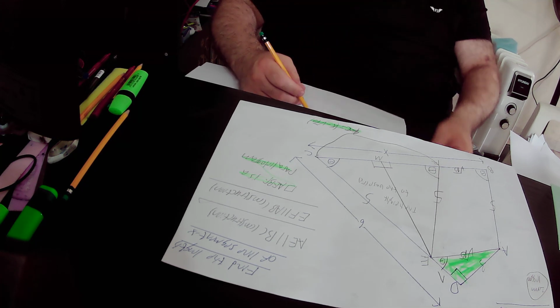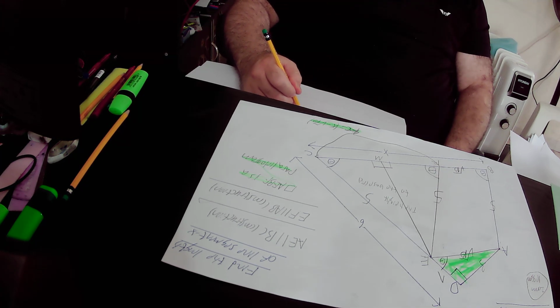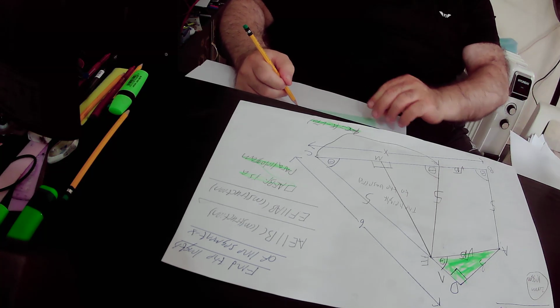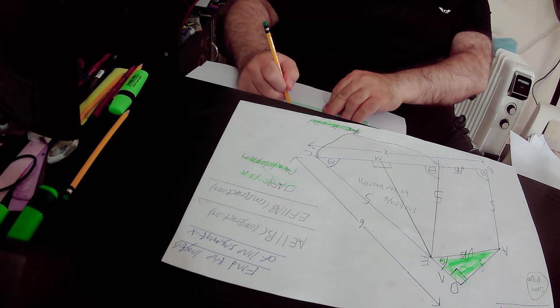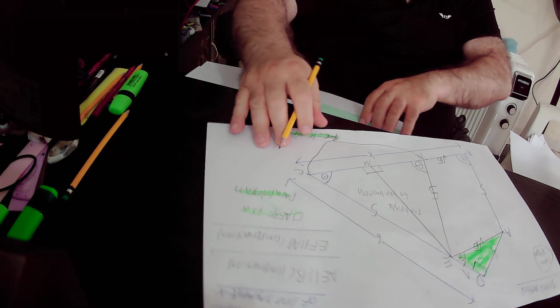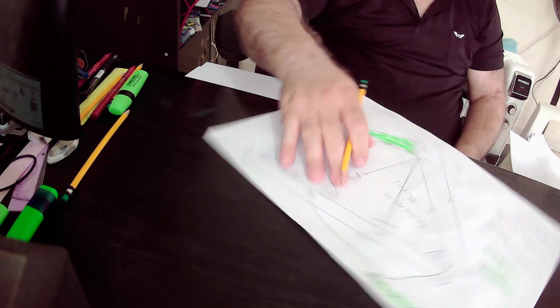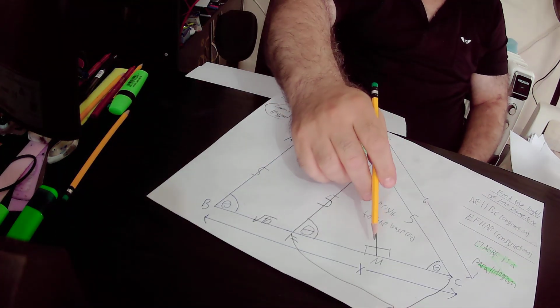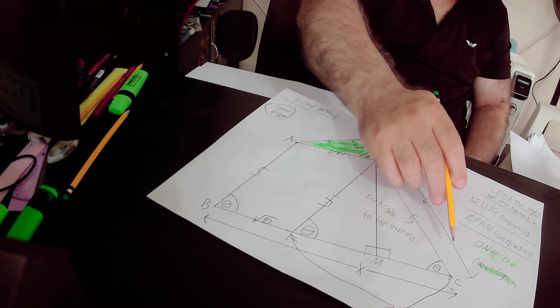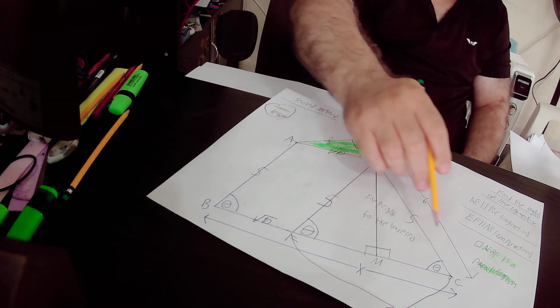On the isosceles triangle EFC, according to rule number 5, the height EM to the base FC bisects the base FC.